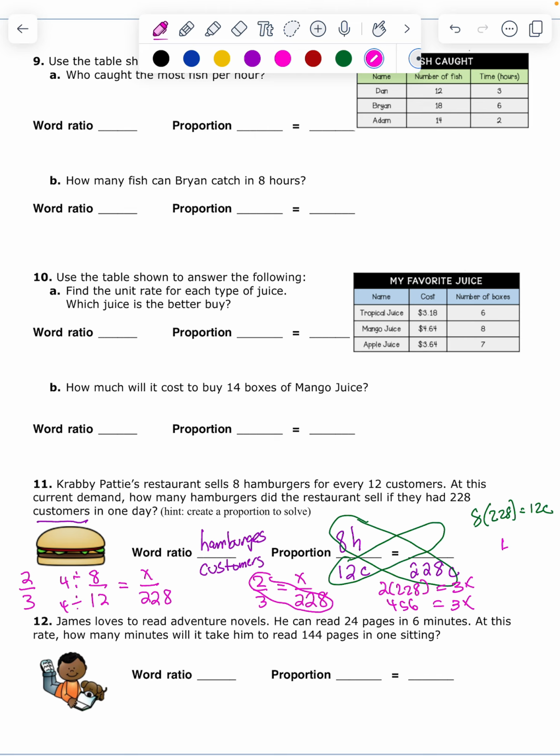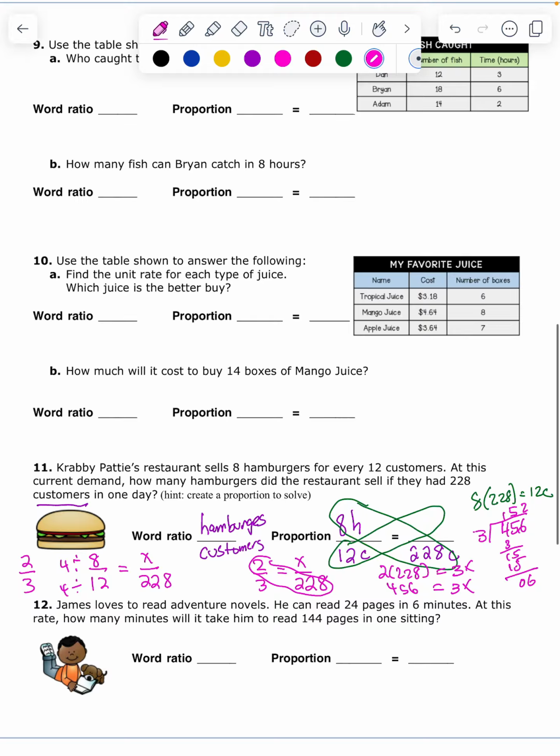I can divide 456 by 3 and get 152. So I know that I have how many hamburgers? My answer would be 152 hamburgers.